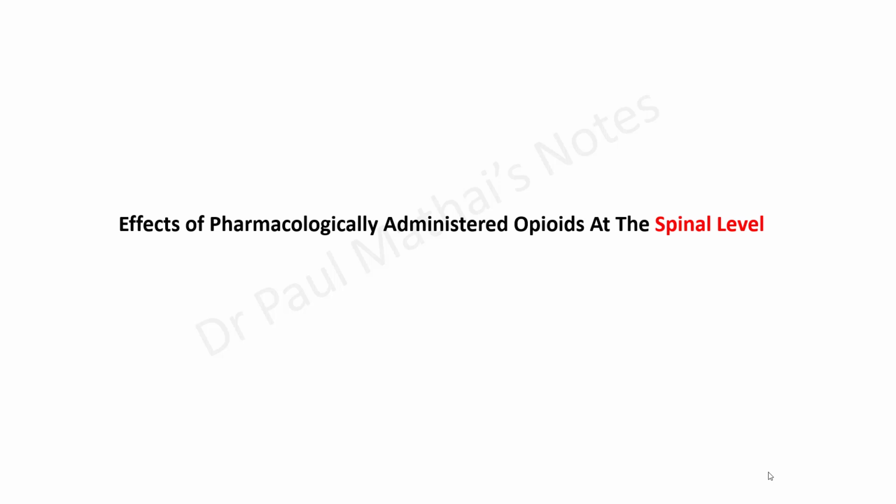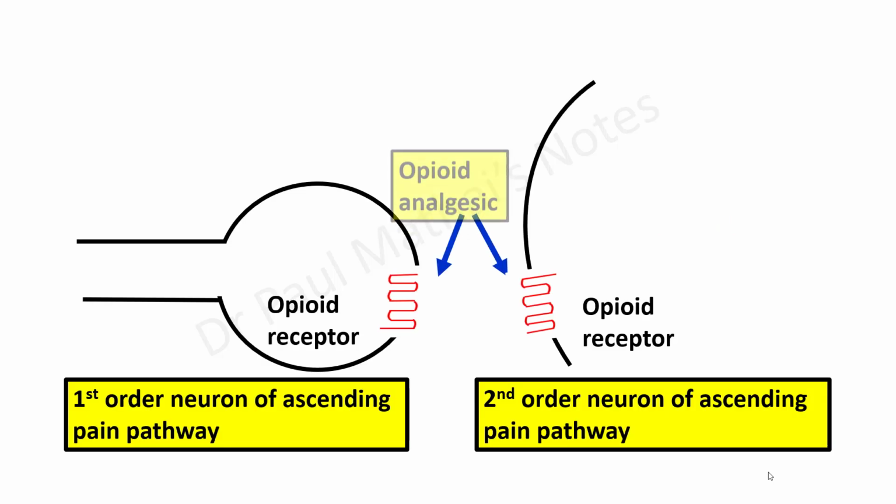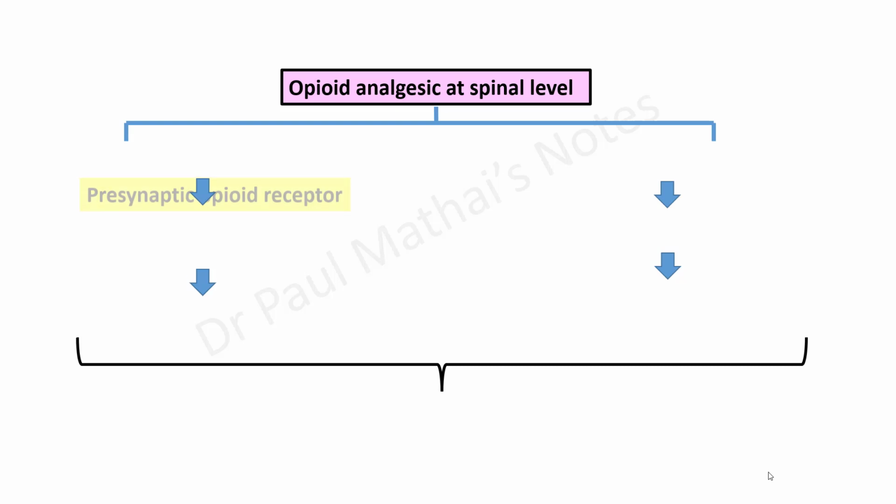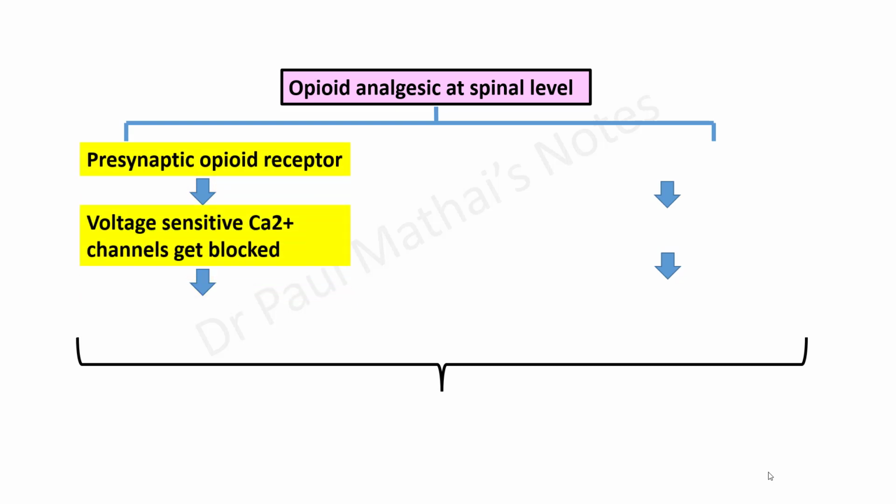Now, how do opioids work at the spinal level? When we administer an opioid analgesic, it can bind to the opioid receptors present on the first order neuron of the ascending pain pathway and the second order neuron of the ascending pain pathway. And as we explained earlier, this will result in the inhibition of the voltage sensitive calcium channels in the presynaptic neuron or the first order neuron of the ascending pain pathway.